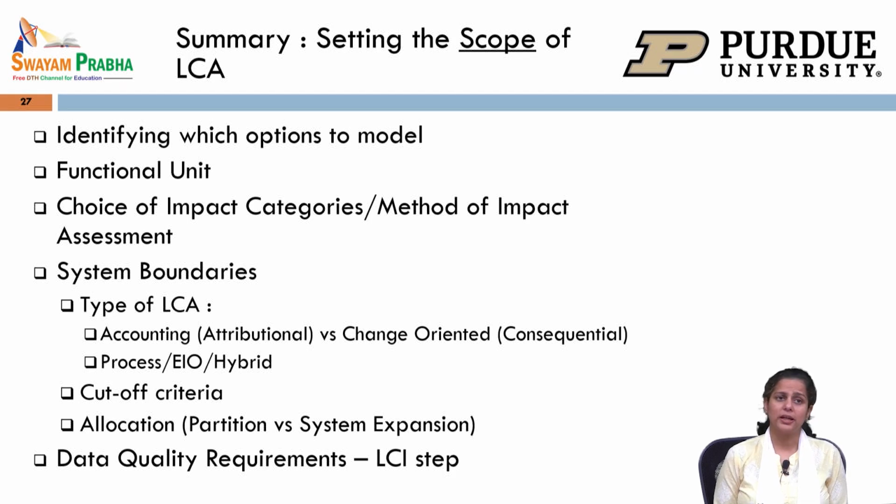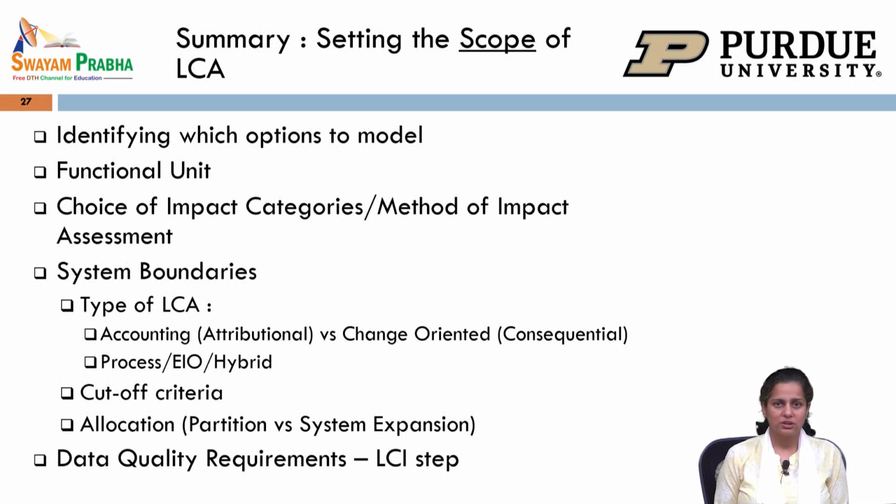Last, we talked about allocation. Allocation defines how much of the actual impact of the processes that you are including in your system boundary should be ascribed to the product that is part of your LCA. So, we talked about partition. When it is not a joint production, when it is combined production, it is very easy to separate by partitioning or subsystem processing.